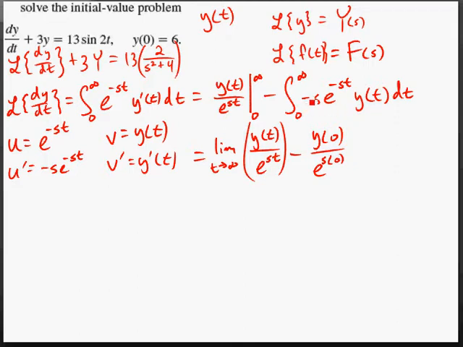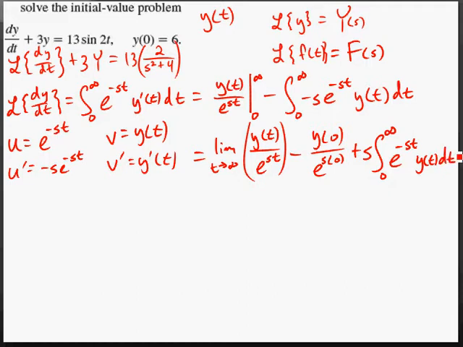And then I can pull this negative and pull the s out as well, because that's treated as a constant with respect to t. So this winds up being plus s times the integral from 0 to infinity of e to the minus st y of t dt.